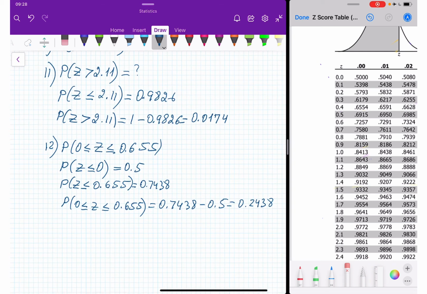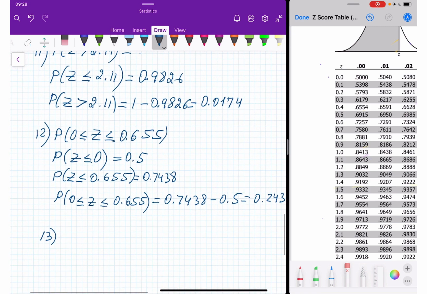And the last question, number 13. So we need to find, it's shaded here.